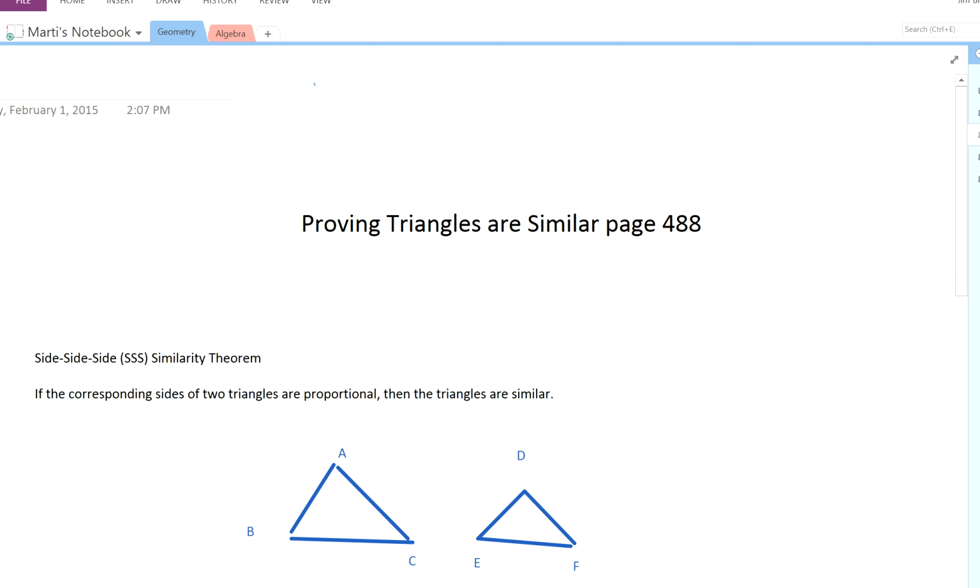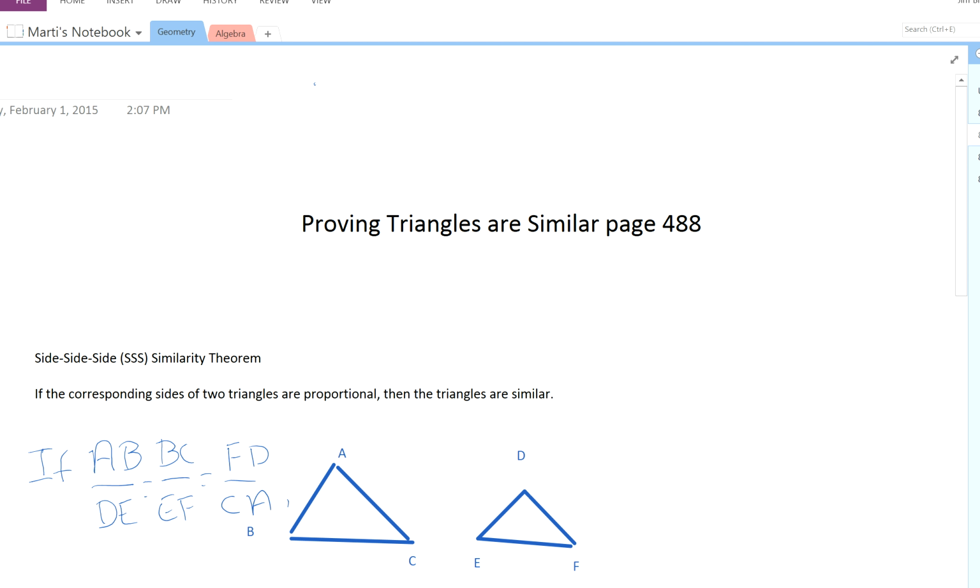If the length of line segment AB over the length of line segment DE is equal to the length of line segment BC over EF and FD, the length of line segment FD over the length of line segment CE.